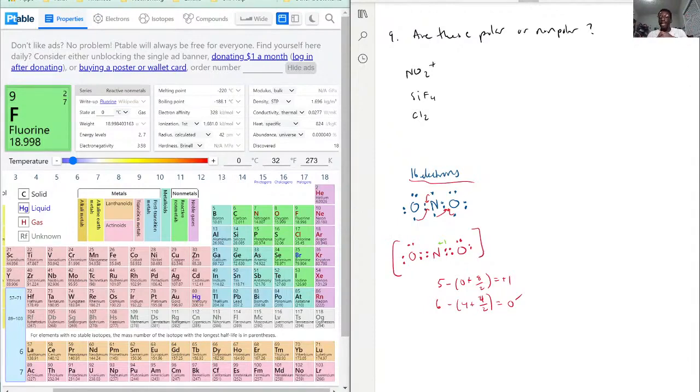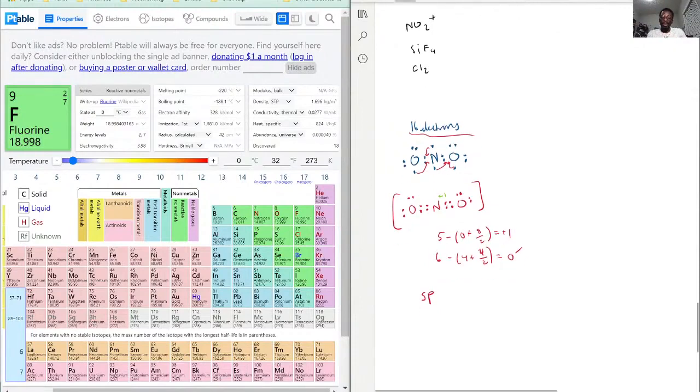Now, based on the way nitrogen is, it has no lone pairs. It only has 2 things attached to it, which are 2 double bonds. So the hybridization for this is sp, and your form is actually linear.